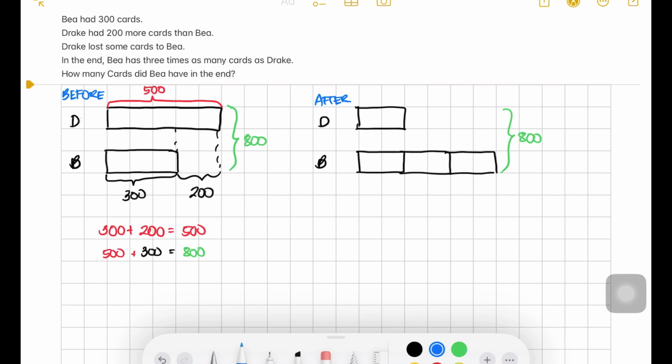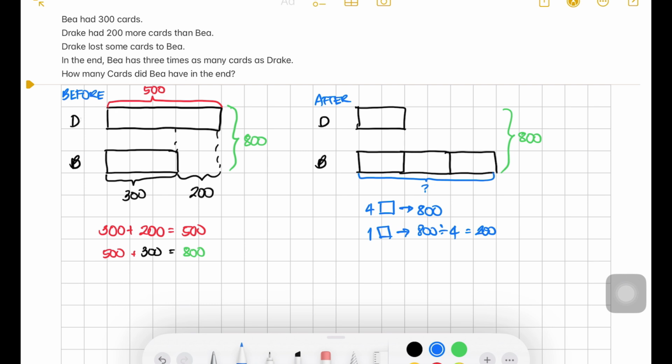So with that, we will be able to see and look for the number of Bea's cards in the end. Okay, so this is what we are looking for. So 4 units is 800. 1 unit now is 800 divided by 4, which is 200.